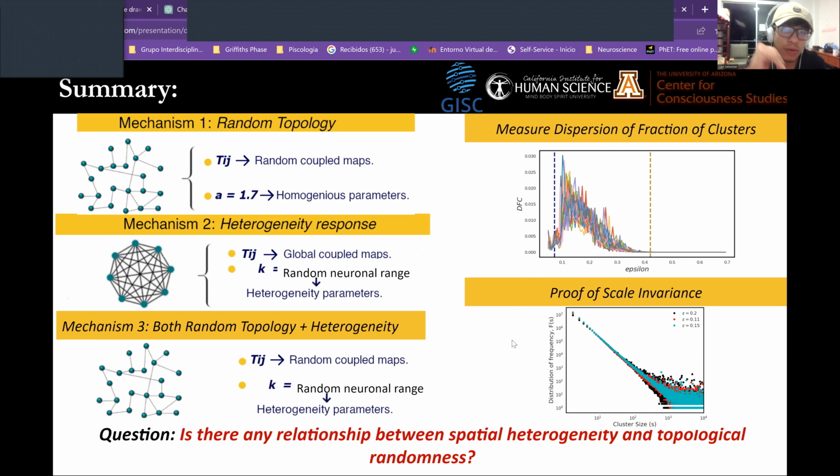And also we proved the scale invariance that verifies the criticality inside the brain. But the most beautiful result is a question, because from different mechanisms we obtain the same result. So this leaves us with the question: is there any relationship between spatial heterogeneity and random topology?